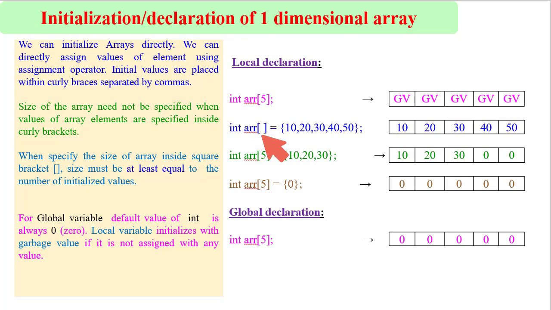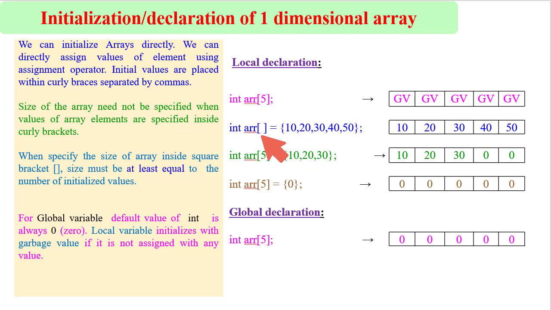In general, we mention the size of the array inside the square brackets. But the size of the array need not be specified when values of elements are specified inside the curly brackets. In this case, the number of elements is 5, so we may mention 5 inside the square bracket. It is okay, no problem.